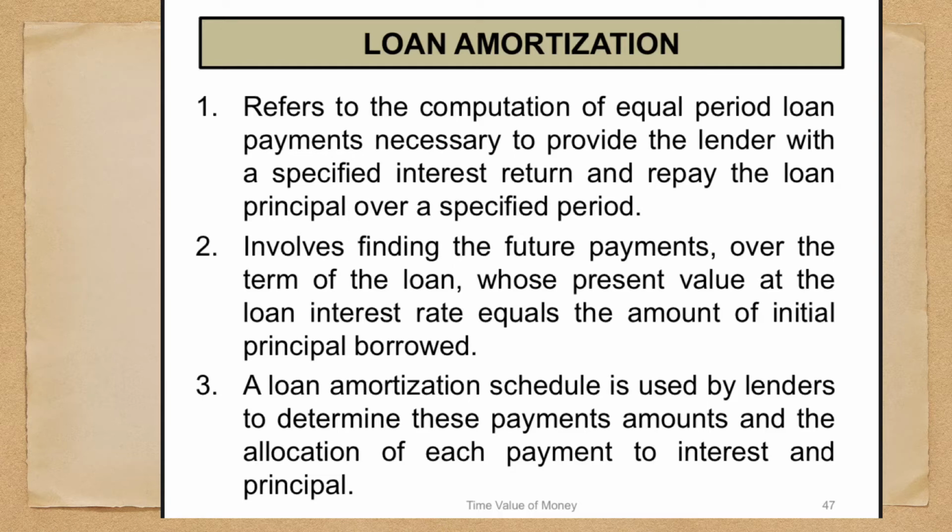So it involves finding the future payments over the term of the loan whose present value at the loan interest rate equals the amount of initial principal borrowed. A loan amortization schedule is used by lenders to determine this payment's amount and the allocation of each payment to interest and principal.